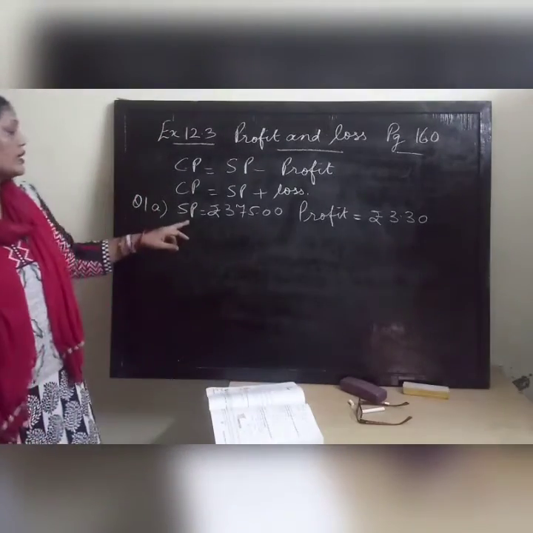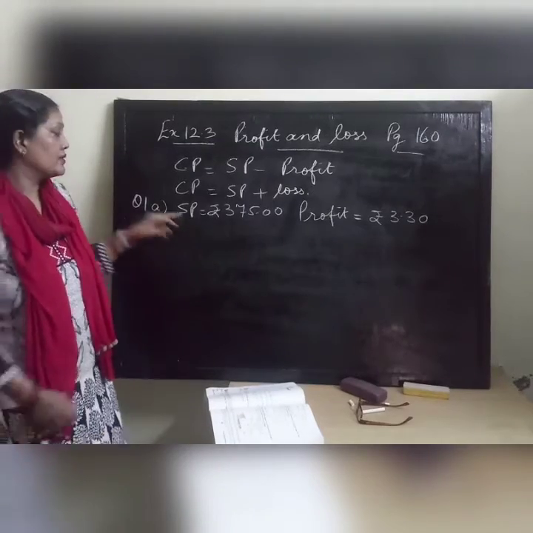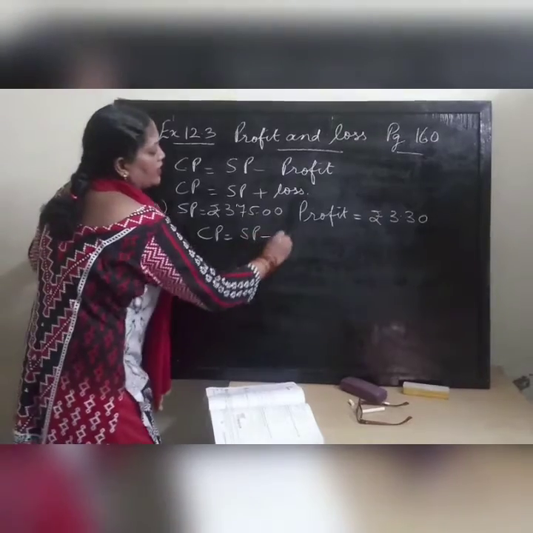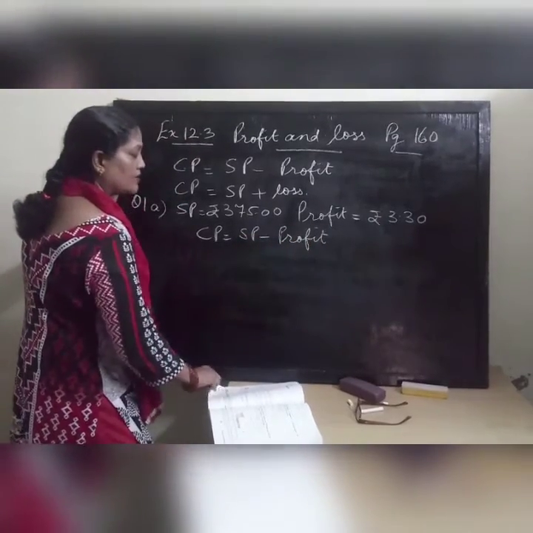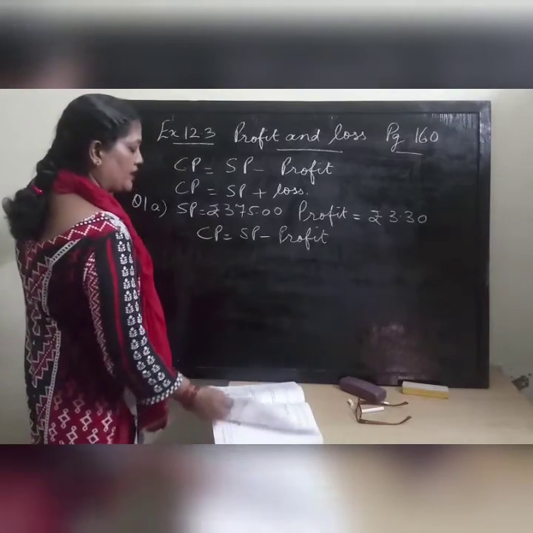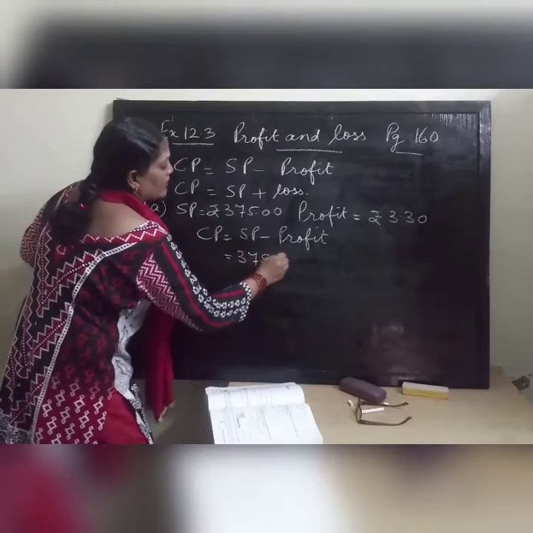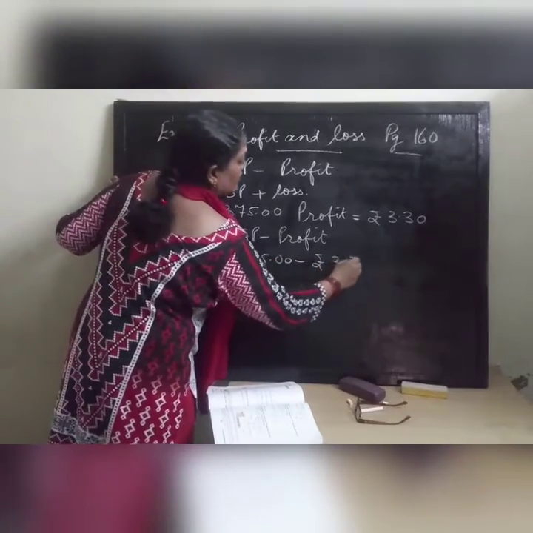Now see students, profit is there, that means our cost price is less. First of all you write the formula. Cost price is SP minus profit. So SP is 375 minus rupees 3.30.